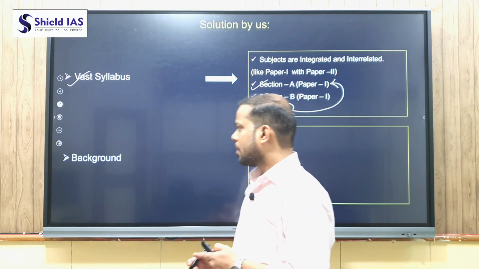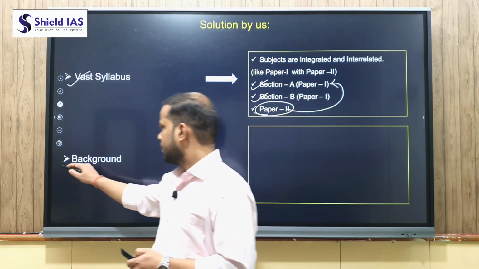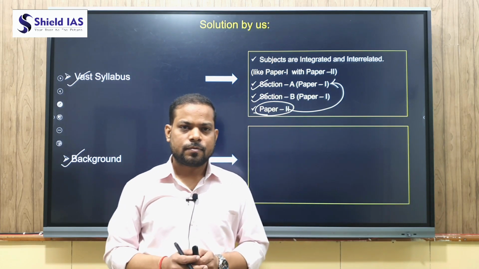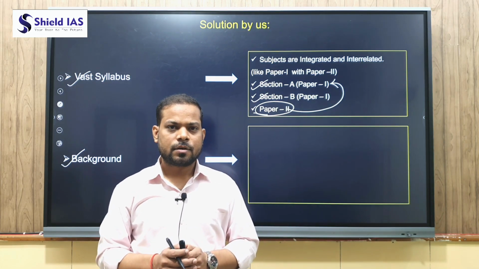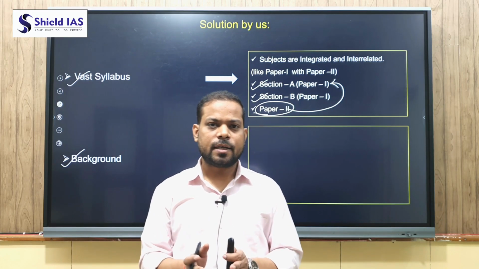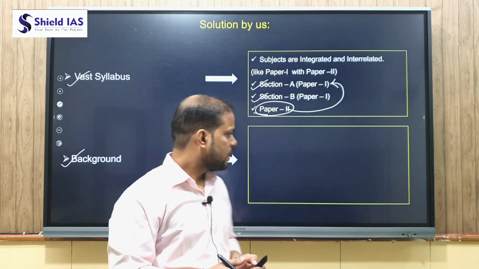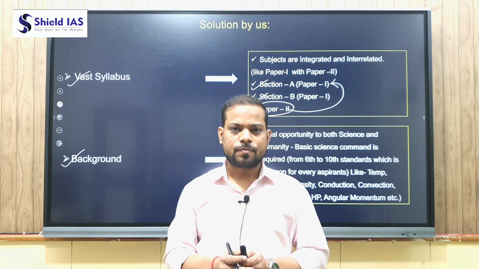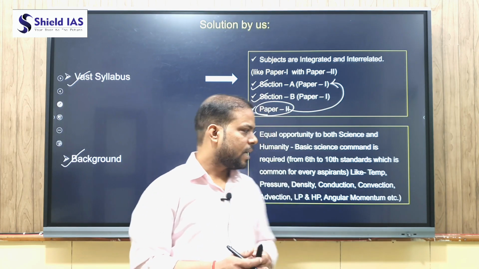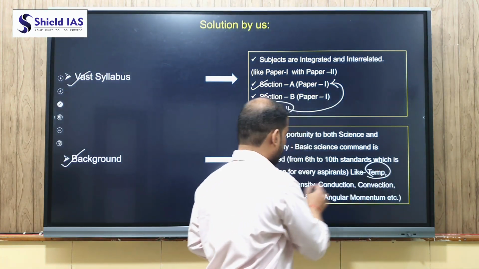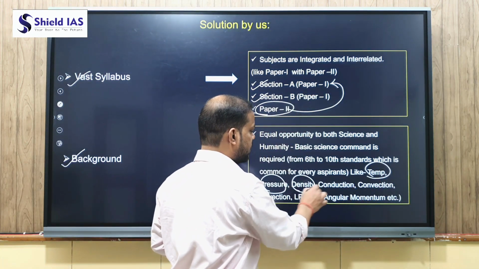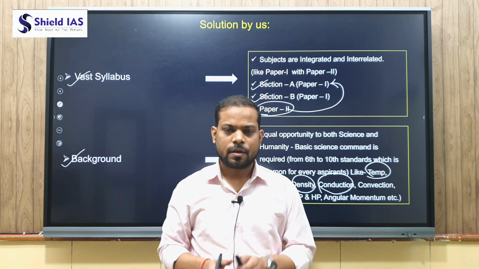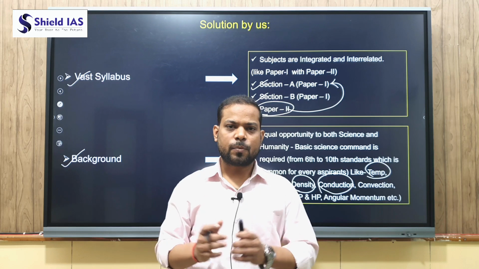And the next problem of the student is background. Geography as an optional provides equal opportunity to students from humanities and science backgrounds. For example, basic science which you studied in school till 10th standard, like temperature, pressure, density, conduction, convection, advection, radiation, angular momentum.